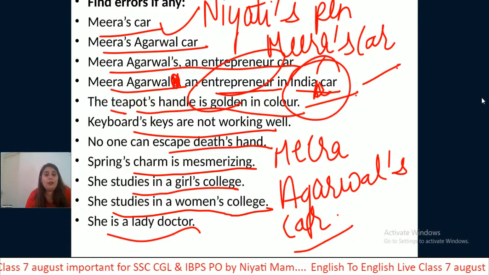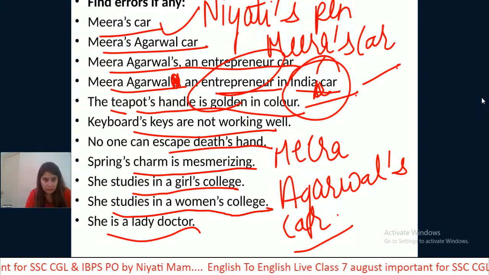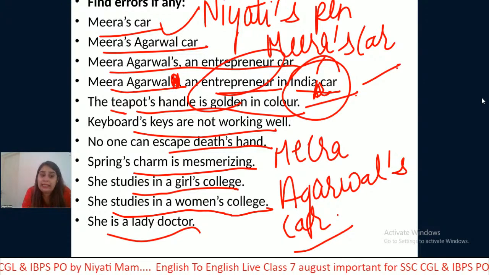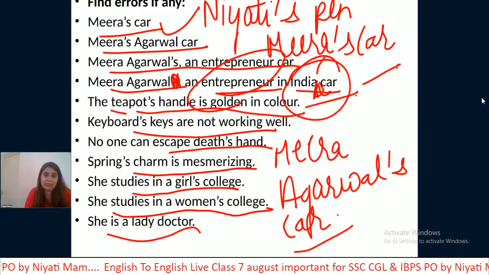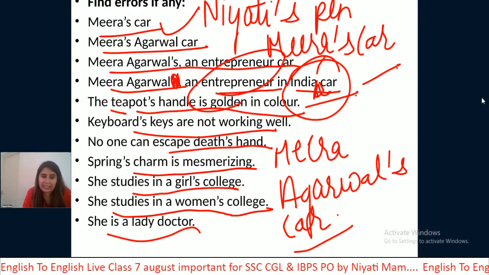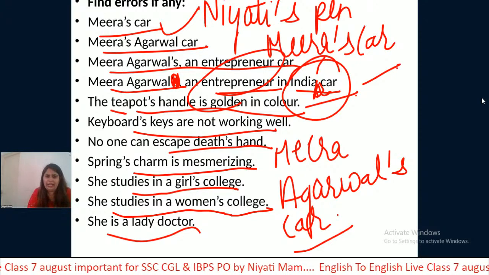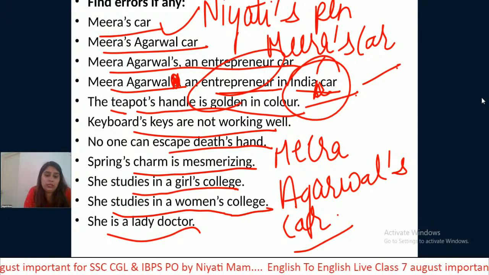Okay, first of all, in the first sentence apostrophe S is attached to teapot, and in the second sentence apostrophe S is attached to keyboard. What do you think is common about these two words? Is there anything which is common about these words?